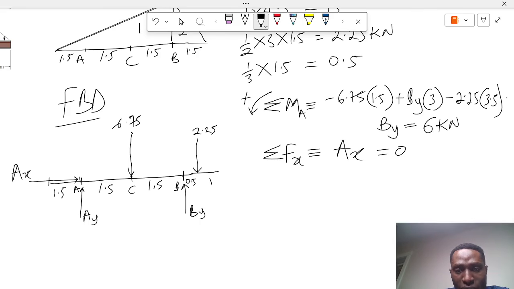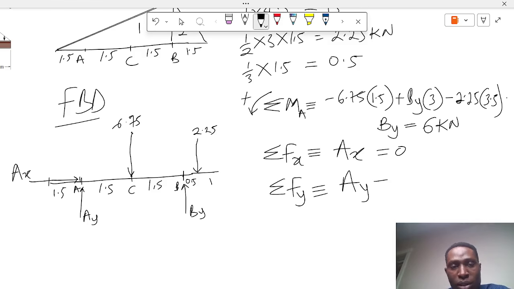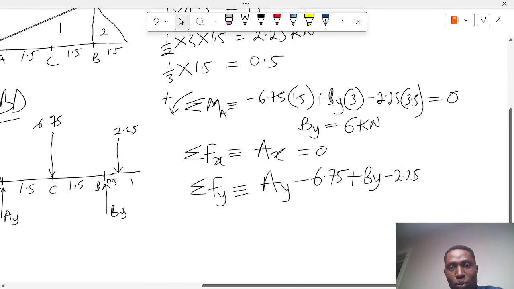We'll go ahead and look at the vertical force at point A, which is AY. We say upward force is positive, downward forces are negative. So you have AY minus 6.75, then plus BY minus 2.25, and this is equal to 0.